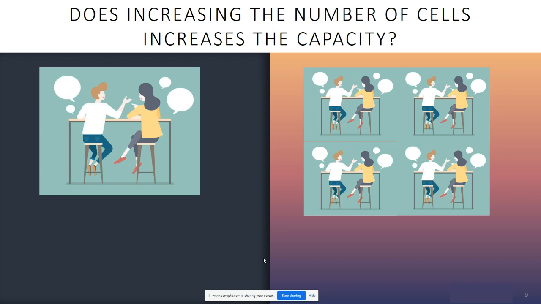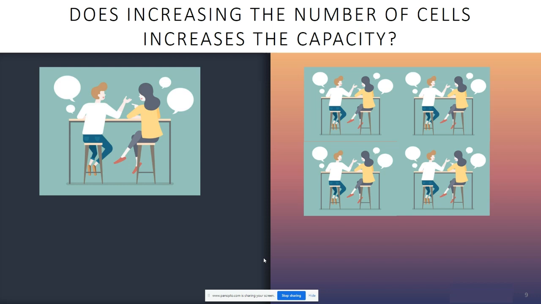Each will support one more terminal. So for the very happy case, the capacity, or the number of successful communicating pairs, has increased. This given area can now support 4 mobile terminals simultaneously by installing 4 base stations.